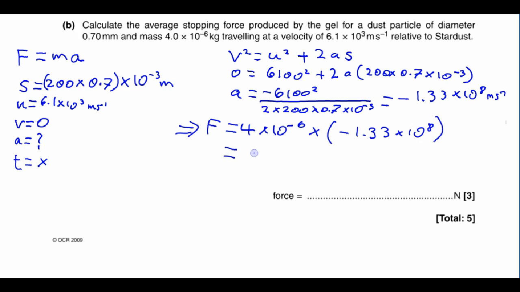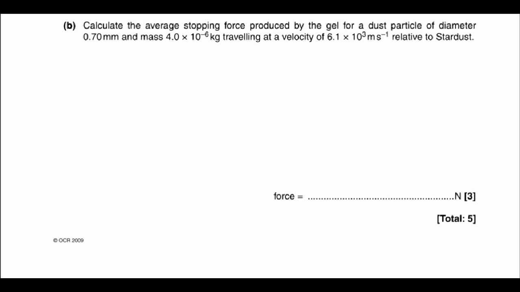And this will give you a force of minus 530 newtons. The minus sign shows that it is a stopping force. So we have our force as 530 newtons. The other way of approaching this question is using the work energy principle.